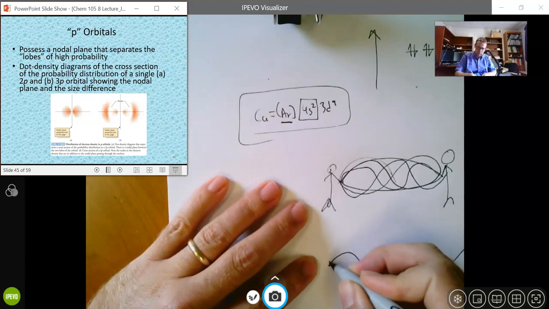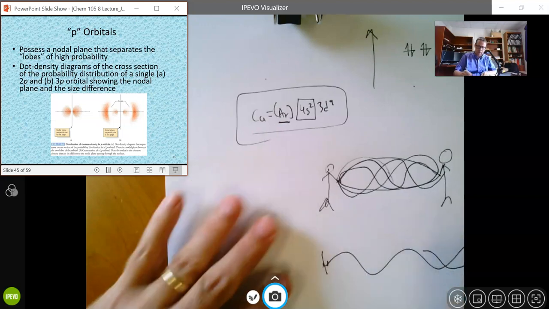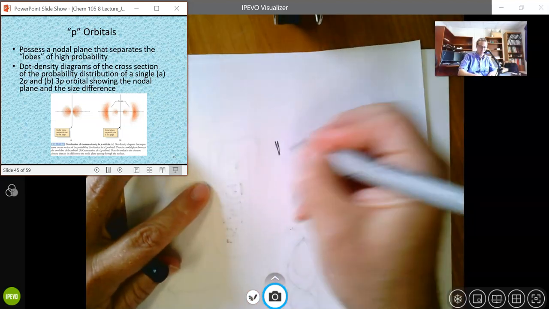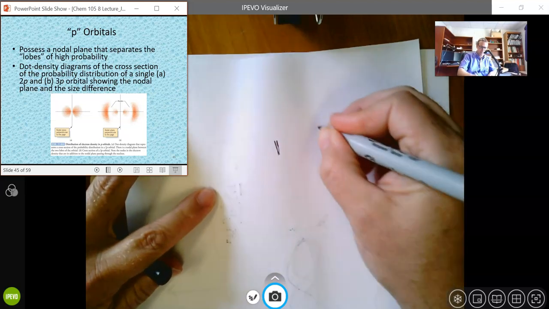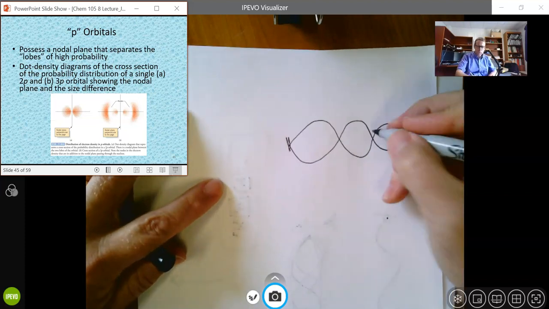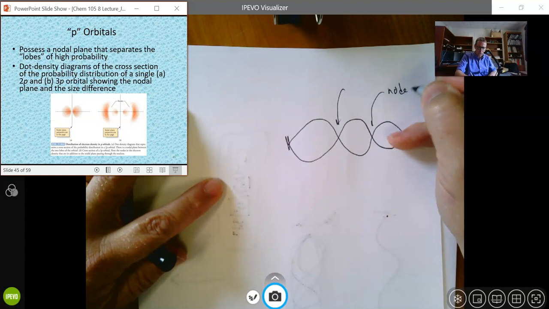So if these are two spots where people are holding the jump rope, there we go. The regions here where there's no movement are called nodes.